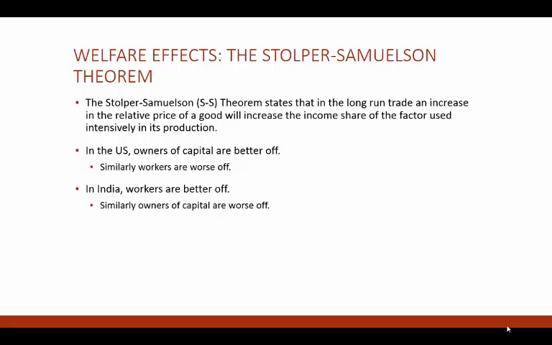To be sure, total incomes in both countries increase from trade, but the corresponding distribution within each country creates winners and losers. As a result, we can see that in the United States, owners of capital gain from trade, while owners of labor lose. Similarly, in India, the owners of labor gain and owners of capital lose.